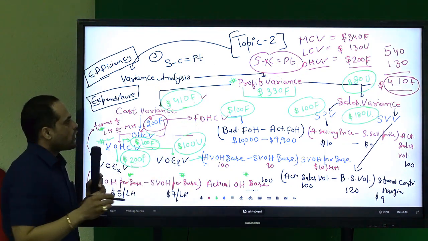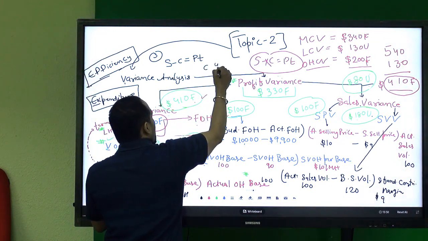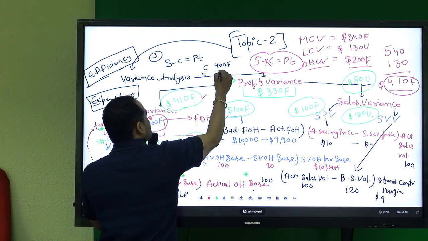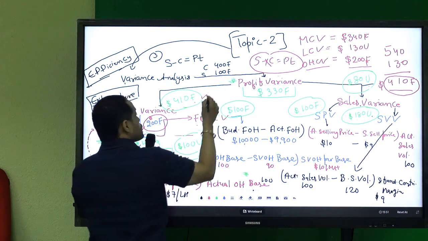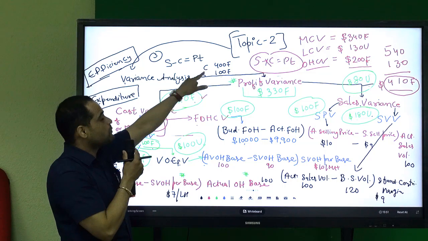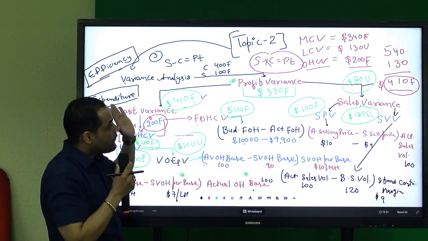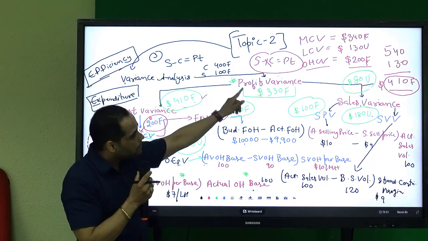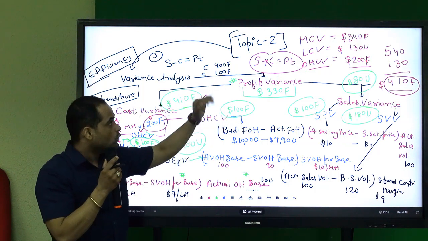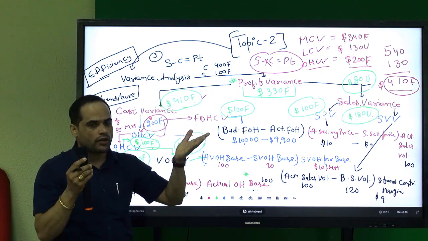For example, cost variance is 400 F and sales variance is 100 F. Some students think that sales minus cost is always profit, and that's true. But they forget that we are not simply calculating profit, we are calculating profit variance, in which F or U is really important.